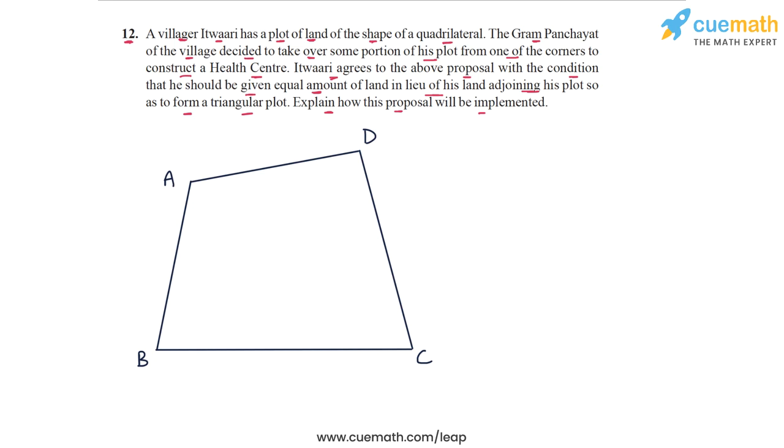Okay, so here's what we are going to do to implement this proposal. First, we will take the side BC of the quadrilateral and extend it. So we will draw a ray that extends the side BC. Now we will join the vertices A and C. So we'll draw this diagonal AC, and then through D we will draw a line parallel to AC.